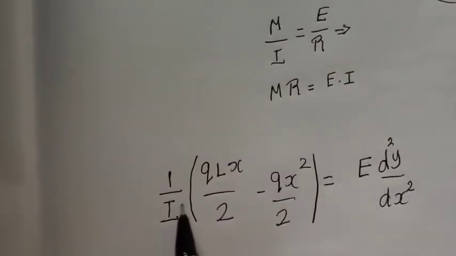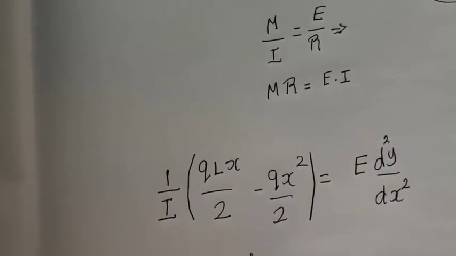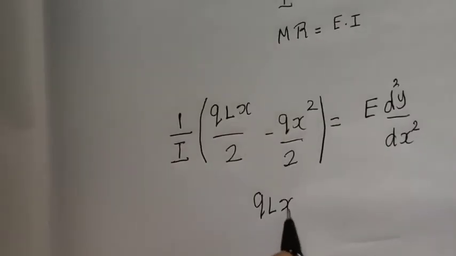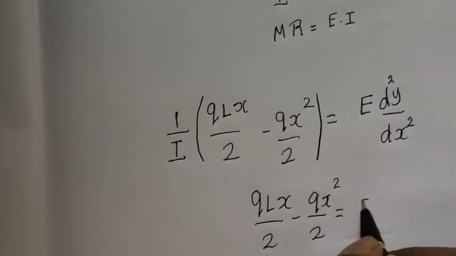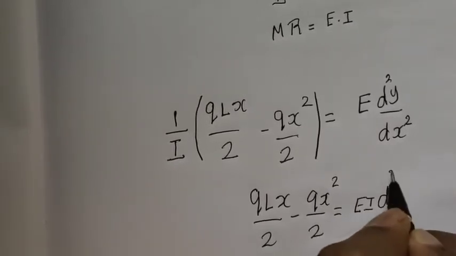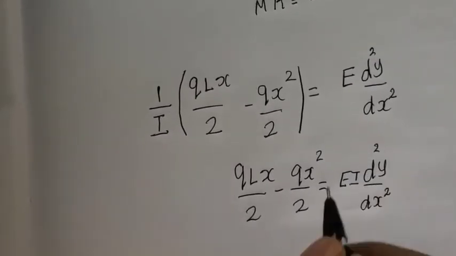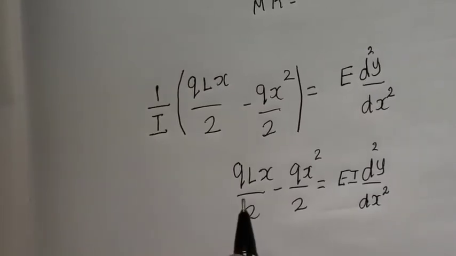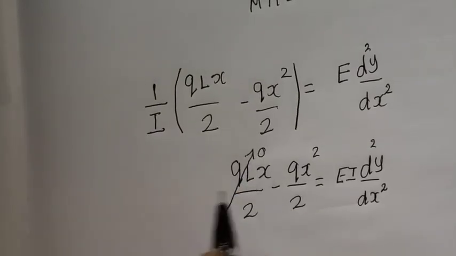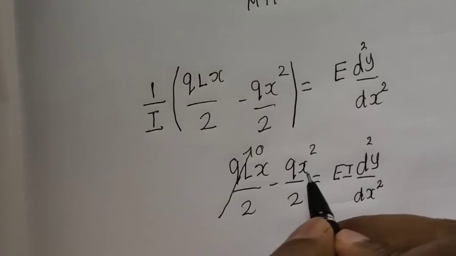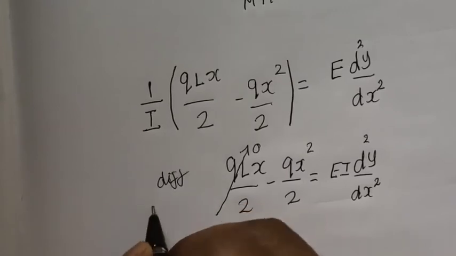Maybe I can take this I and put it over here. So what is it that I will be getting? qLx over 2 minus qx squared over 2 is equal to EI into d squared y by dx squared. What I'm going to do is differentiate this equation 2 times. If I differentiate this equation 2 times, this term just vanishes, it goes to 0 after differentiating it twice.